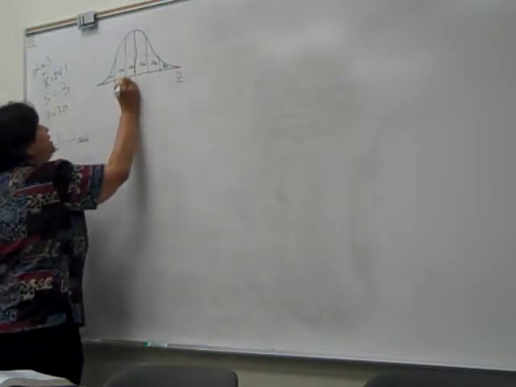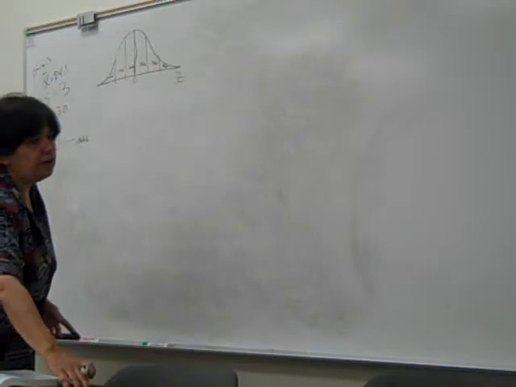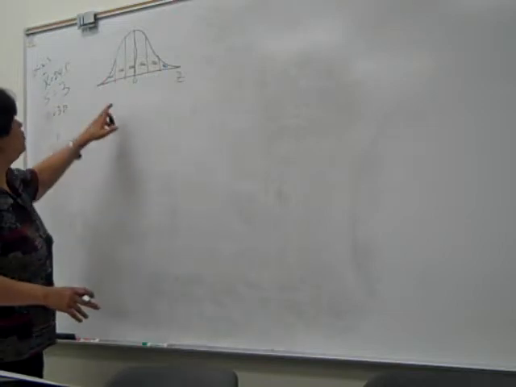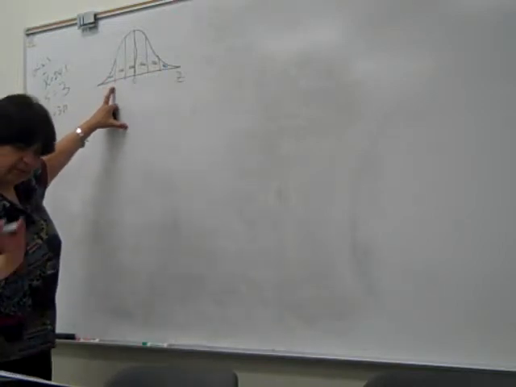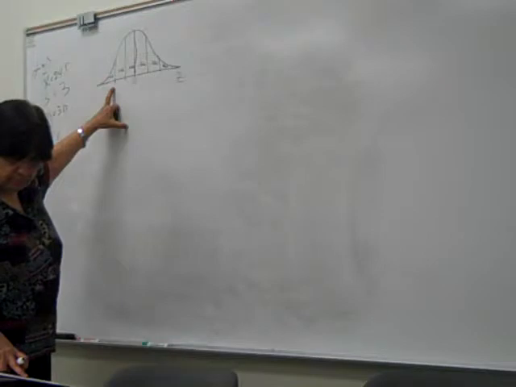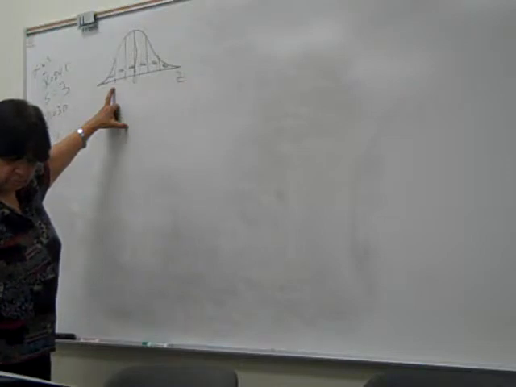Now, what is this number over here? In order to find out these numbers, we need to go back to the standard normal distribution table and look for 0.1666 on the inside.